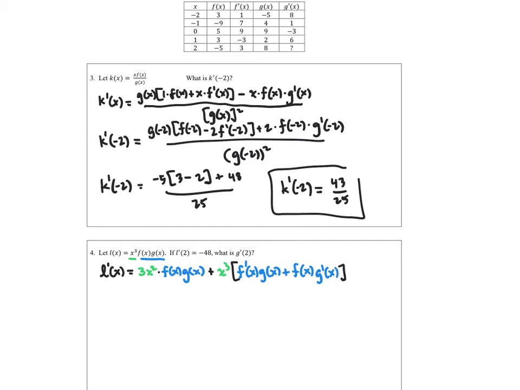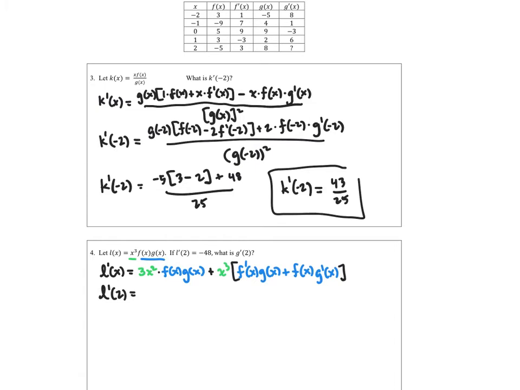Now this question is asking a slightly different question. It's asking what g prime at 2 will equal if L prime at 2 is -48. Okay, so let's write everything out. L prime at 2 is equal to 3 times x squared.